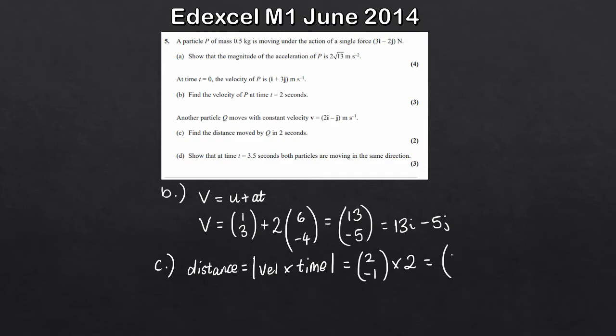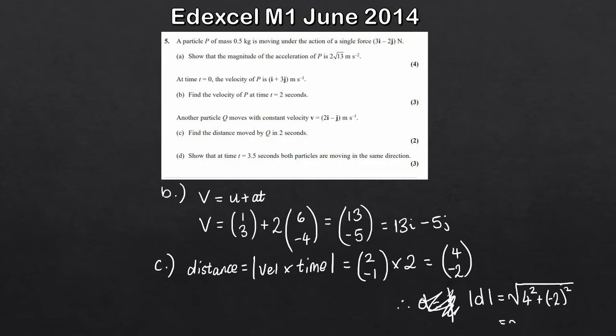What will that give us? That's going to give us 2 times 2, which is 4, minus 1 times 2 is minus 2. And then what do we do? Well, to work out d, we take the magnitude of this. So the magnitude of this here will give us the distance. So I take the magnitude of this, that's going to be 4 squared plus minus 2 squared.